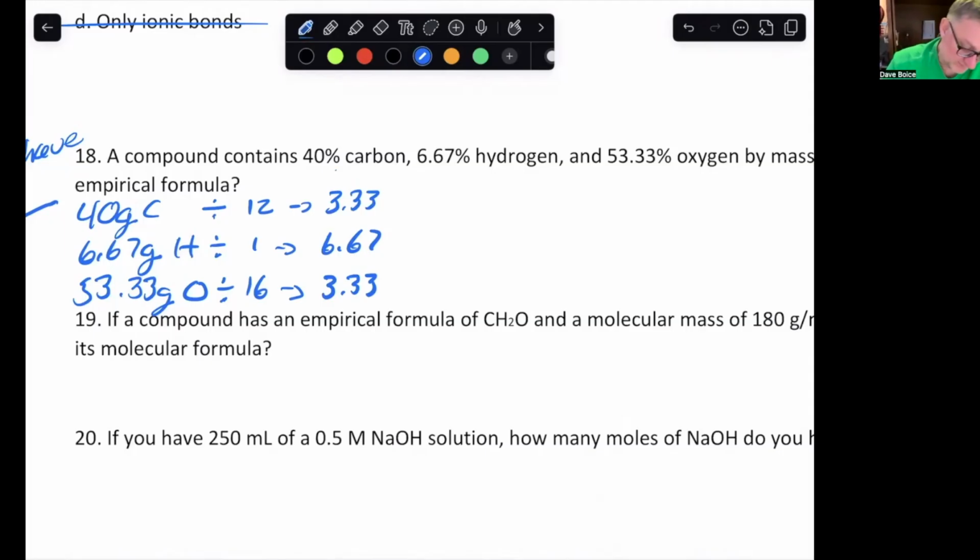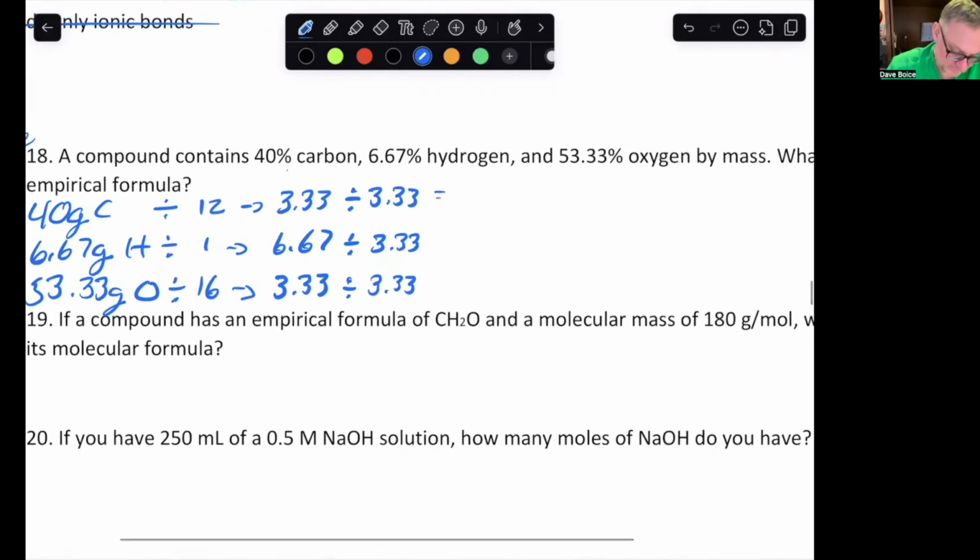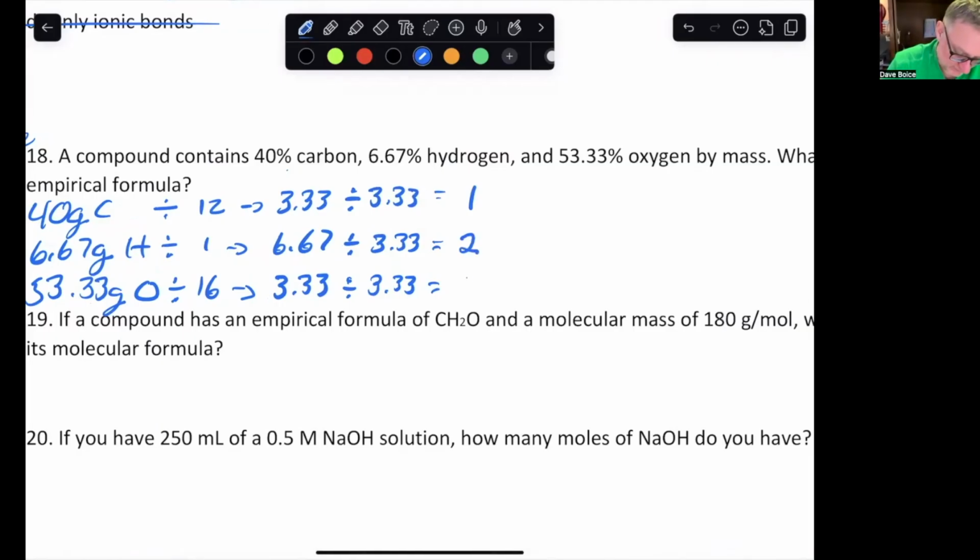We're going to divide all of these by the smallest. Okay, and that's going to give me a 1, and 6.67 divided by 3.33 is close enough to 2. So we have a 1-to-1 ratio.